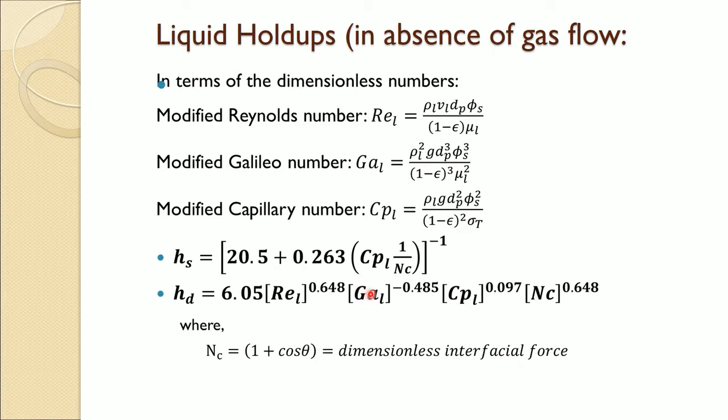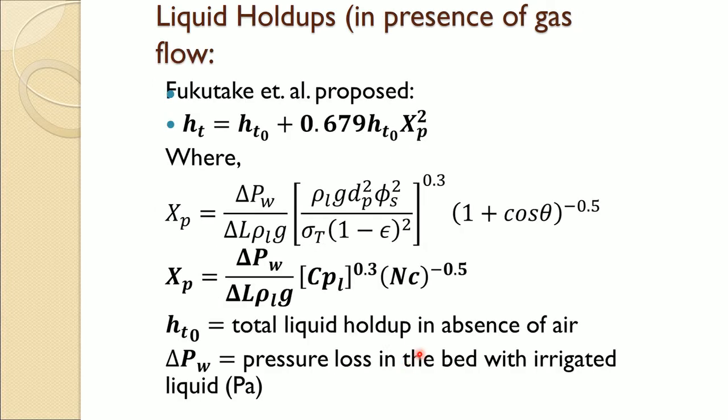And once you know these, you can calculate the total hold up. In presence of gas flow, they proposed this correlation where HT is the total liquid hold up, which is a combination of static and dynamic hold up, but in presence of gas flow.